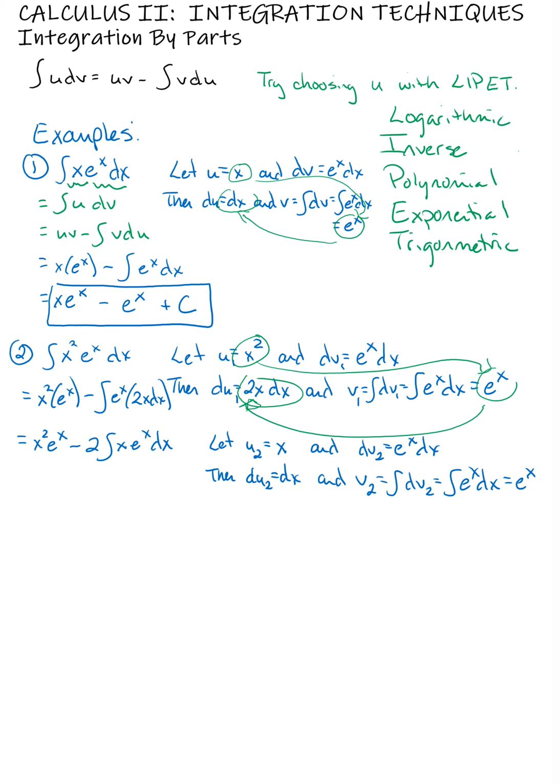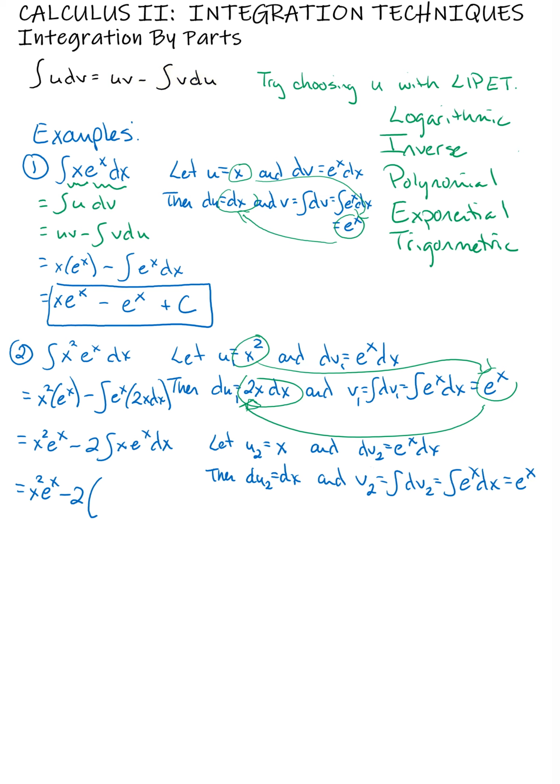All right, so using our formula once again. In this case, I already have x squared e to the x. That doesn't change. Minus 2, going to keep that out there. Now, everything after this integral, I'm using the formula again. So I'm going to use this u times v minus that integral.